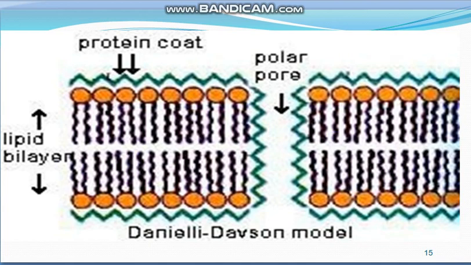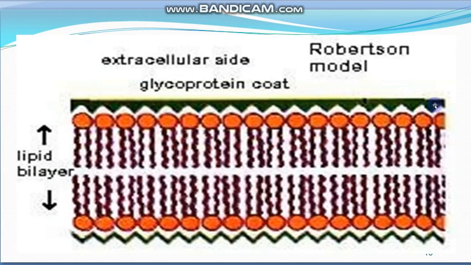So the next model is the Robertson model. This model was given by Robertson in 1965, and it only confirms the Danielli-Davson model that the cell membrane is made up of three layers, that is the lipid bilayer and the protein coats on either side.